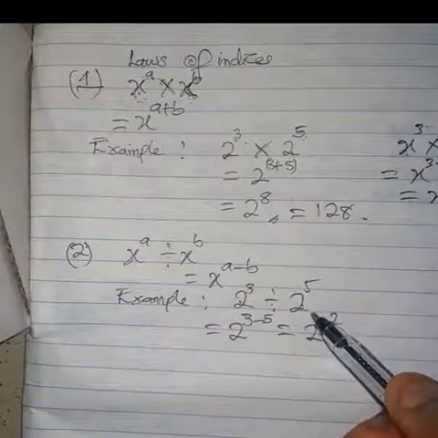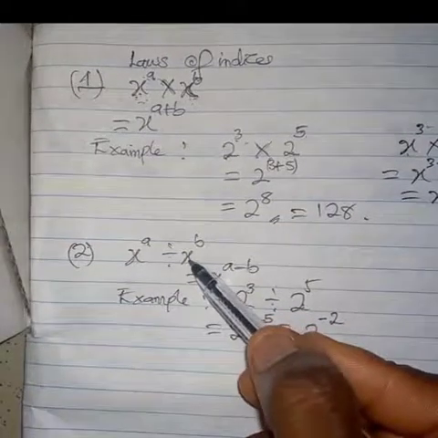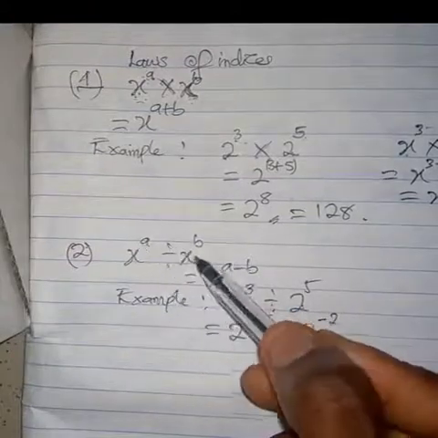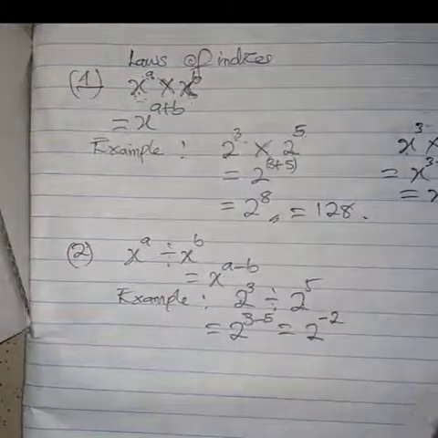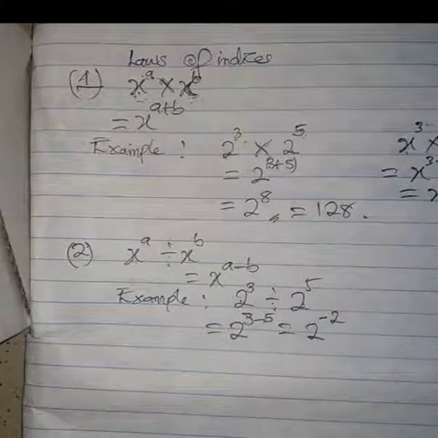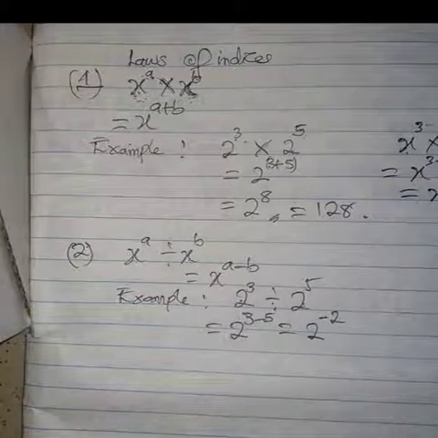Those are the two conditions. The x must be the same as this x, and there must be a division sign, then you can subtract the powers. So if you have something like x raised to power a divided by y raised to power b, you can't apply the law of indices to them.